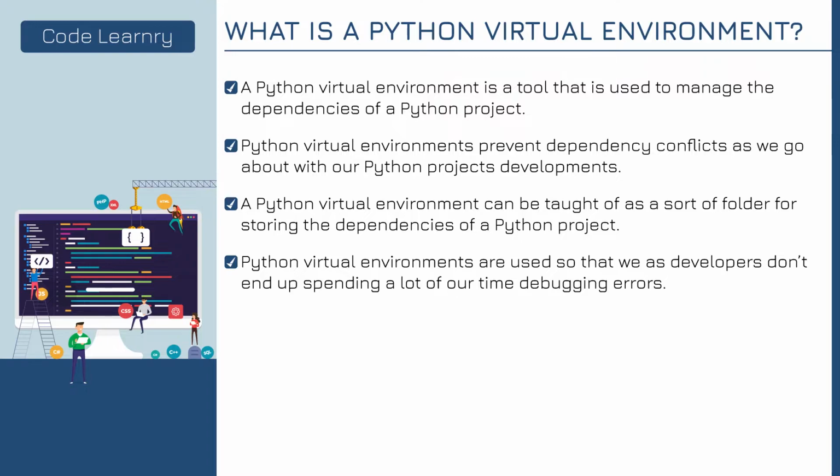So the great thing about virtual environments is that there is no limit to the number of virtual environments that we can create on a particular computer system for our various Python projects. And that is because essentially virtual environments are basically folders.